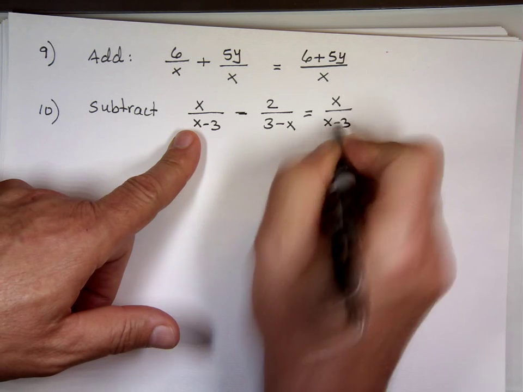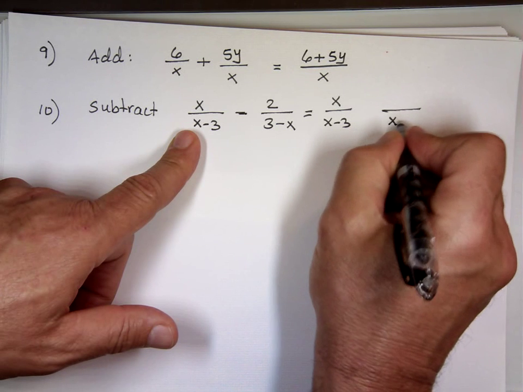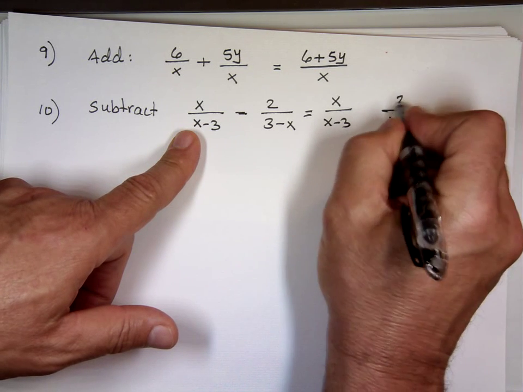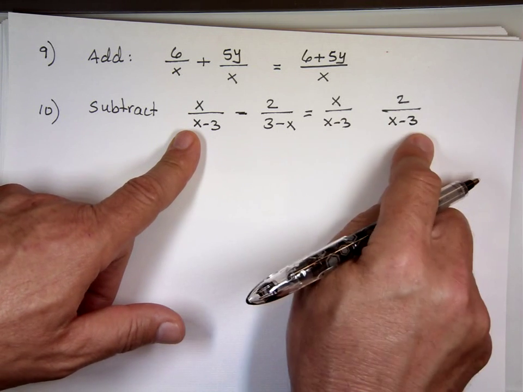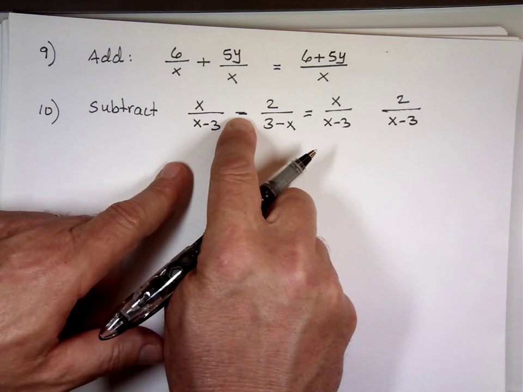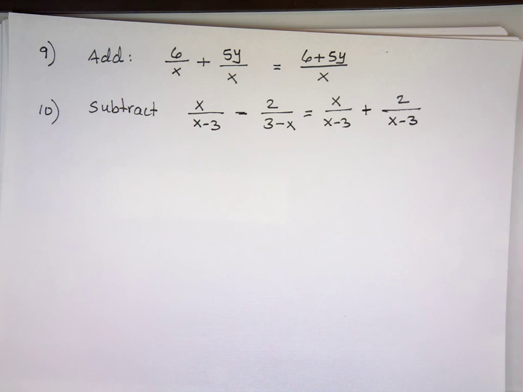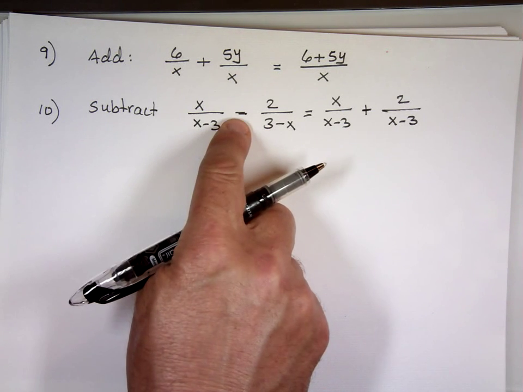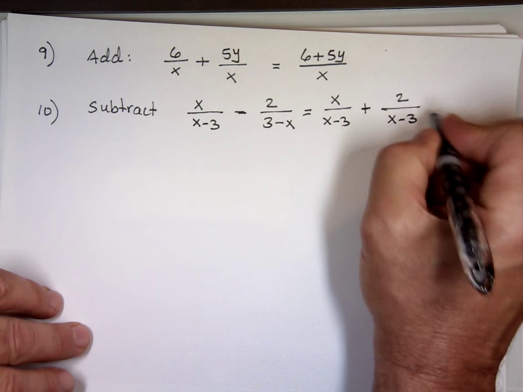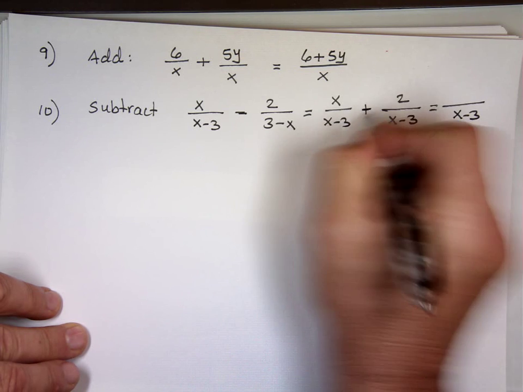If you want to make the bottom the same, reverse that one. You can't just change it because you want to make them the same. So if you switch this, you better switch that sign. Notice this sign is minus. You need to make it now a positive. So switch this and switch this. Now the bottom is the same, stays the same. The top will be x plus 2.